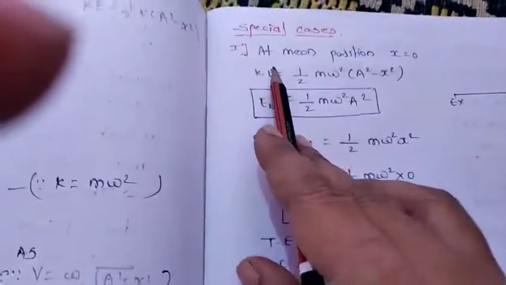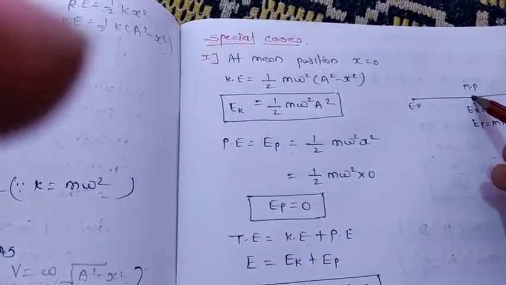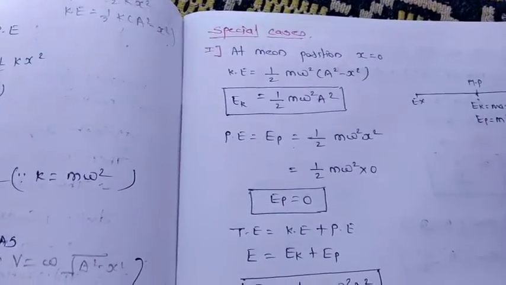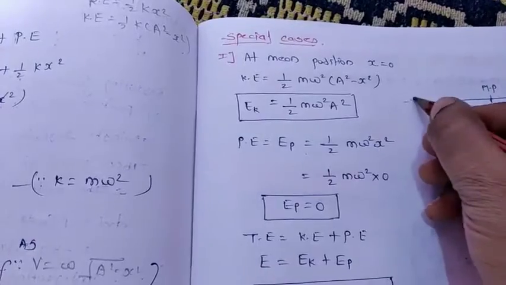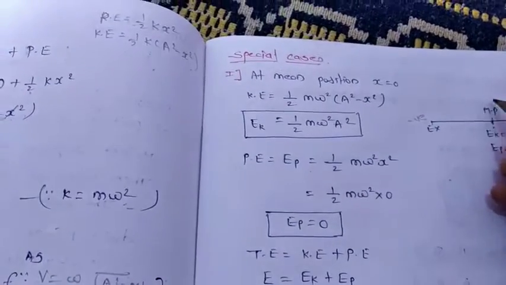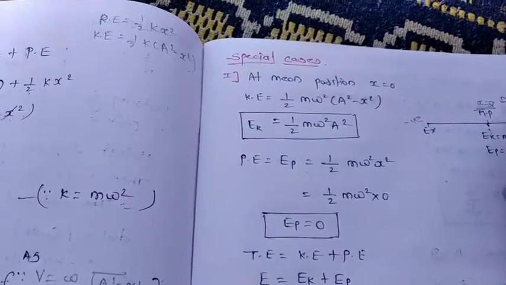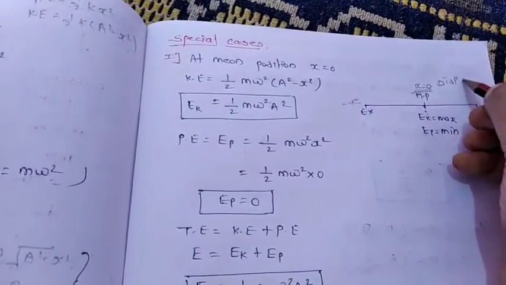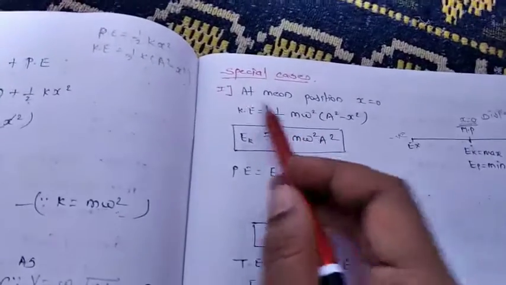Now we will see some special cases, that is the total energy at mean position. Suppose this is the mean position, and this is the extreme position, positive extreme and negative extreme. At mean position we know that x is equal to 0, that is, the displacement is 0 at mean position.